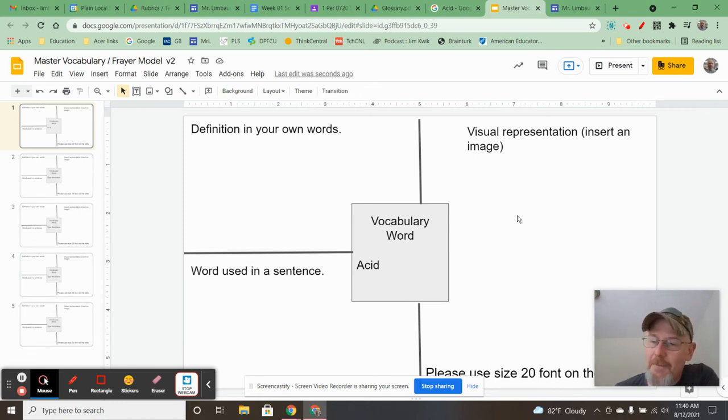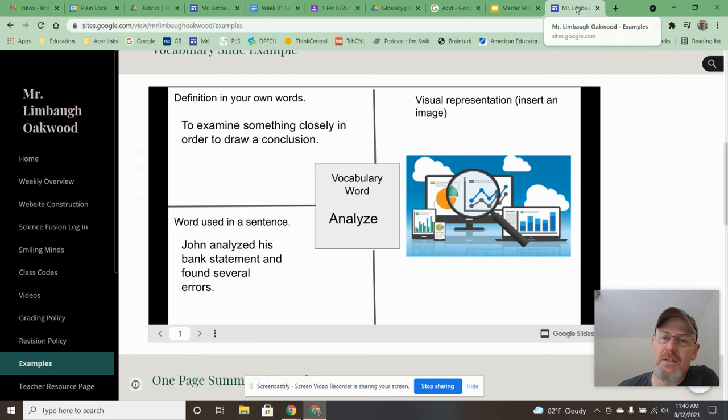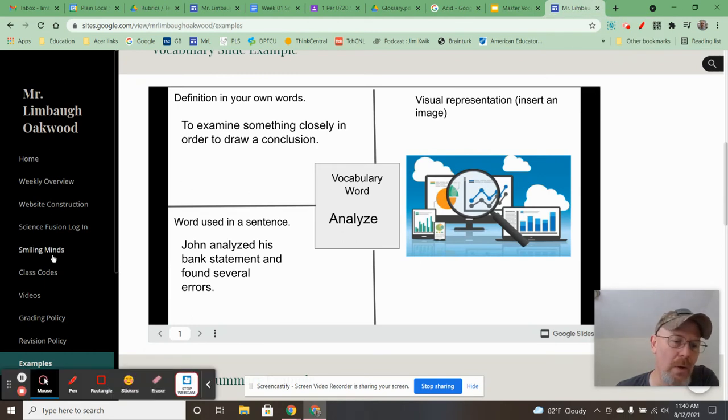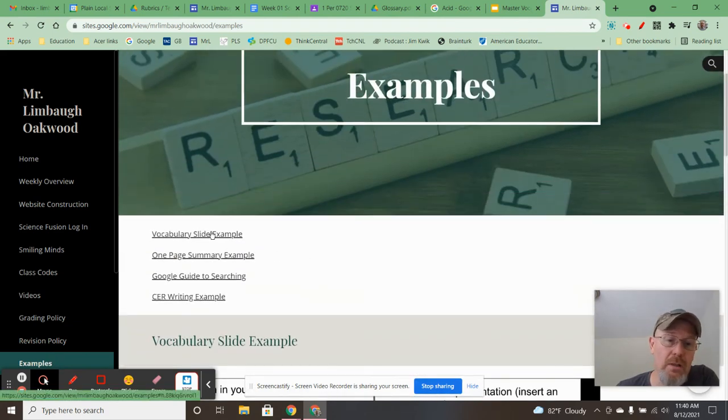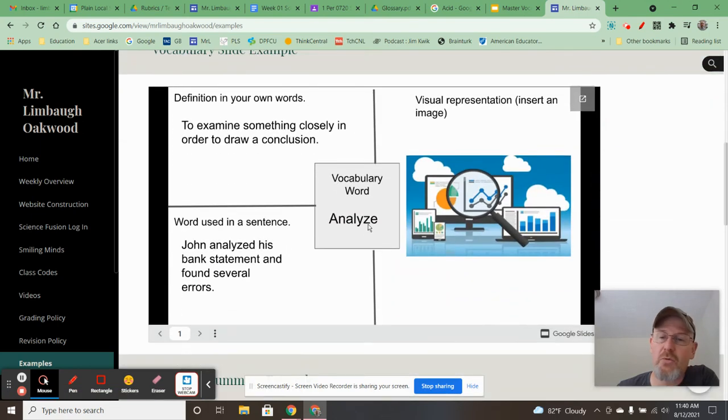You will find out that we do this every week, and it'll take you maybe 10 minutes at a time. I'm very adamant about doing a routine every week, so this will help. If sometimes you get stuck, I have an example on my webpage. Look at the navigation bar on the left side. You can see examples, and then click vocabulary slide example or just scroll down to it.